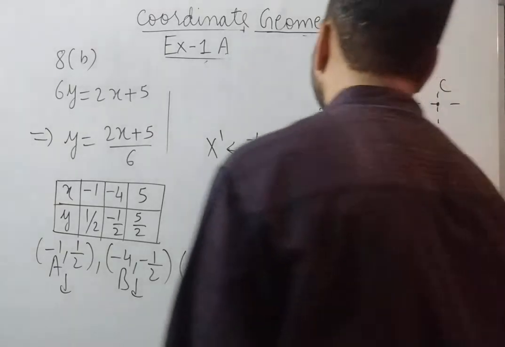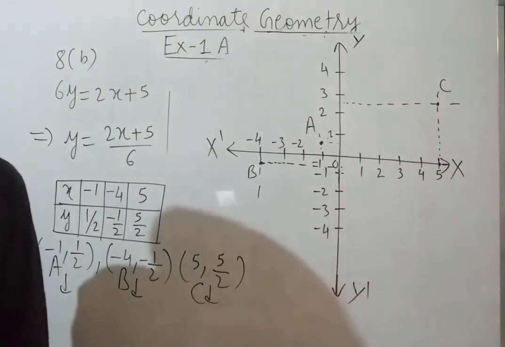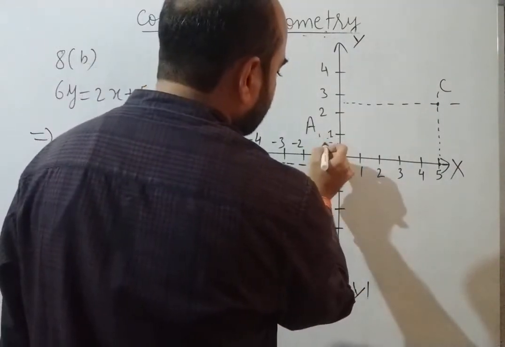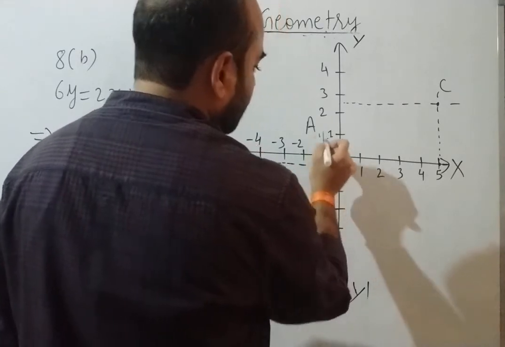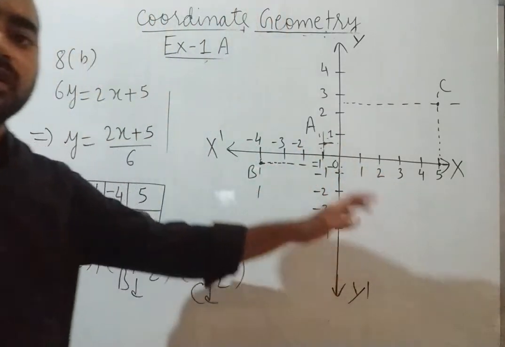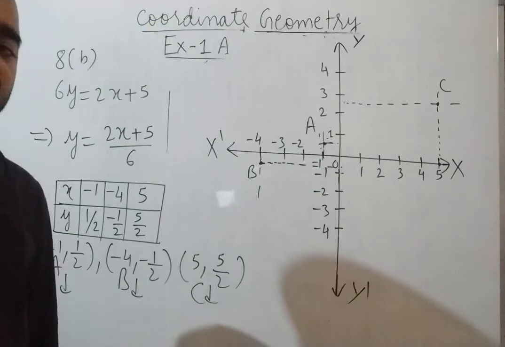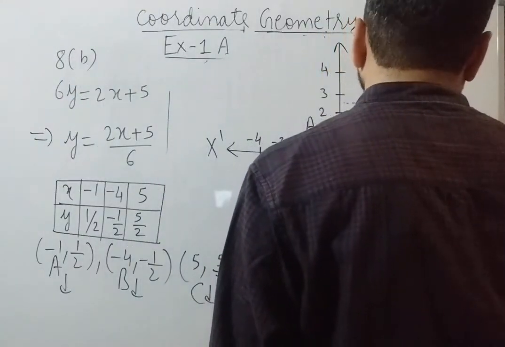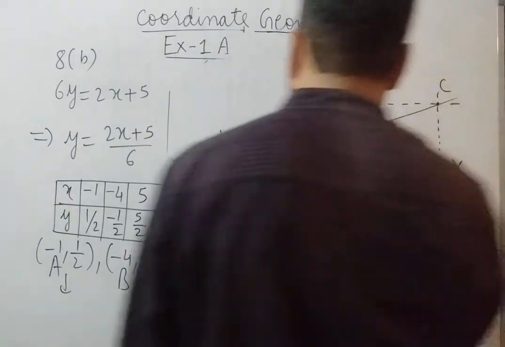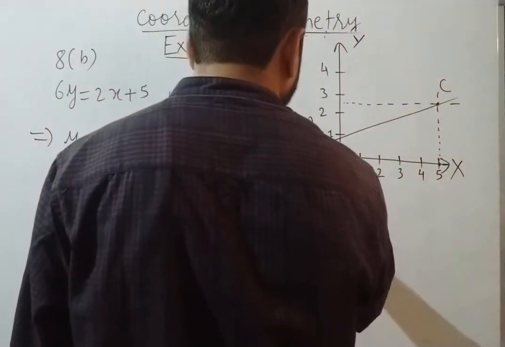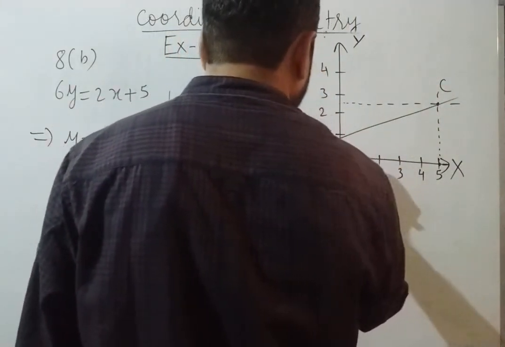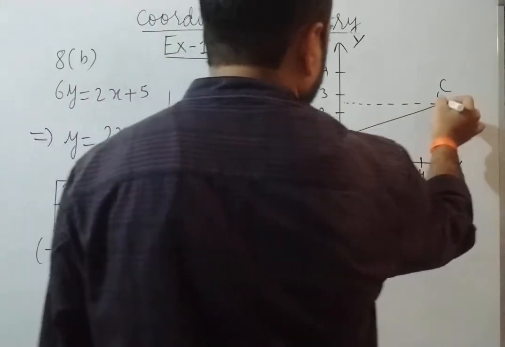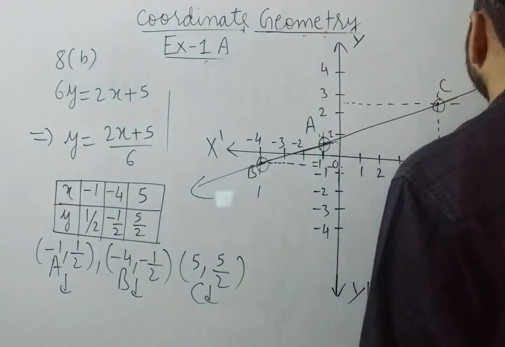Now we have to join the points to obtain the straight line. Correct? A straight line will come. Maybe here it will not come exactly, but on the graph paper when you plot, a complete straight line will be there. See, join the points. So this will be the straight line through the first, second and third points.